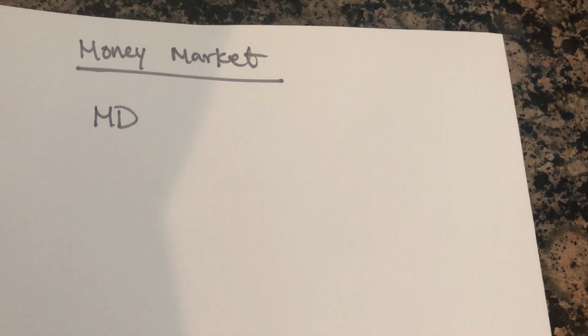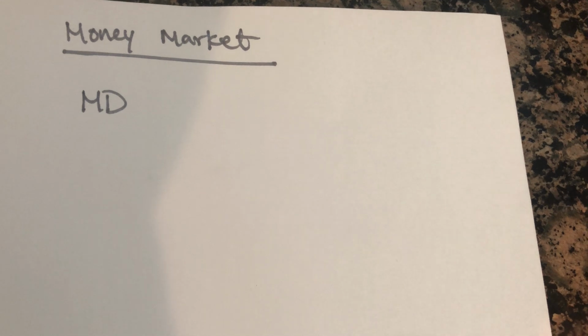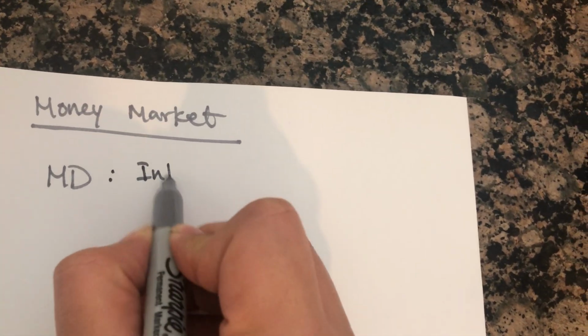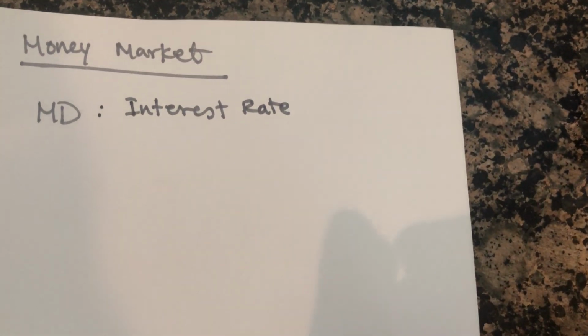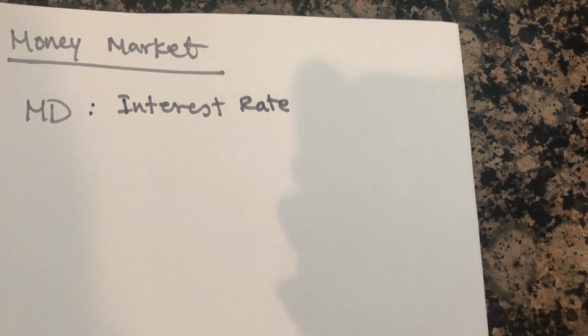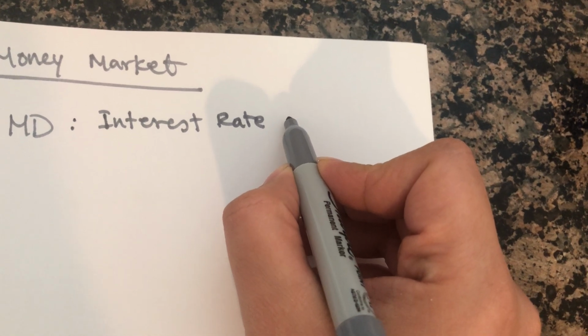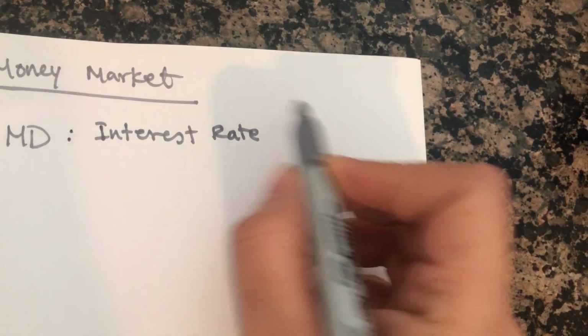So our money demand shows the relationship between this interest rate and the quantity of money that the buyers demand. We're going to call that the quantity of money demanded, and then we're going to call the quantity that suppliers are supplying, the quantity of money supplied. The supplier here is the central bank, or the Federal Reserve.